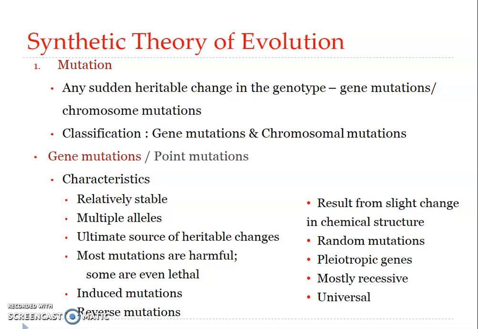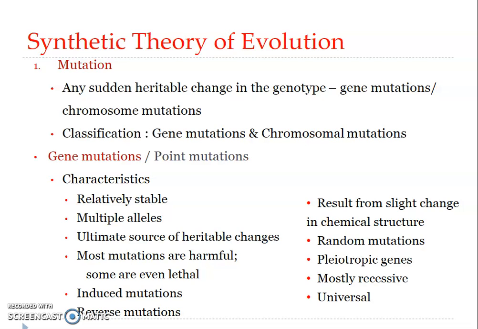I hope you remember what a base pair is. The bases are A, T, G, C. Those are the bases, and different combinations of these sequences will be present in different genes. So a gene mutation takes place by rearrangement, addition or deletion of these bases in the DNA.